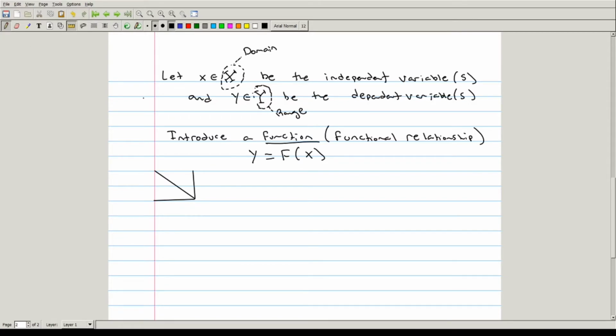Where we'll distinguish between the domain, what that is, and the range, what that is.